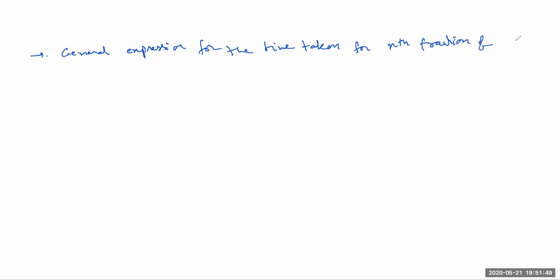General expression for the time taken for nth fraction of a reaction of first order to complete.